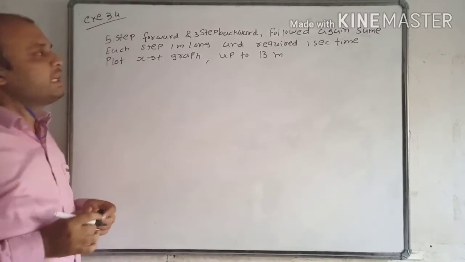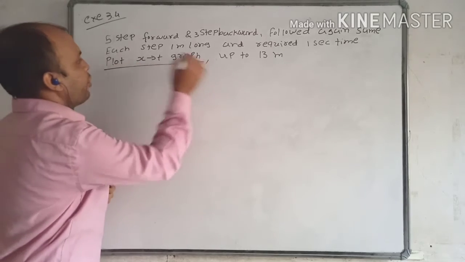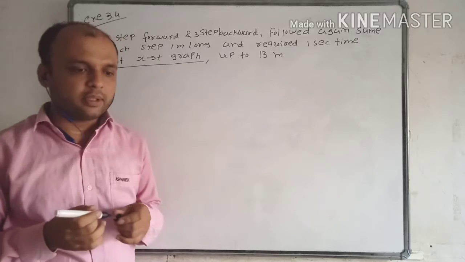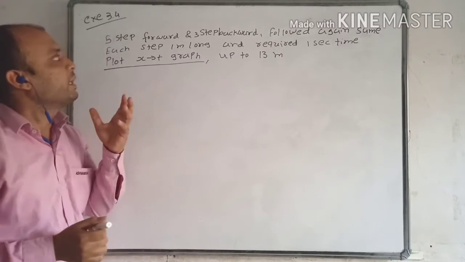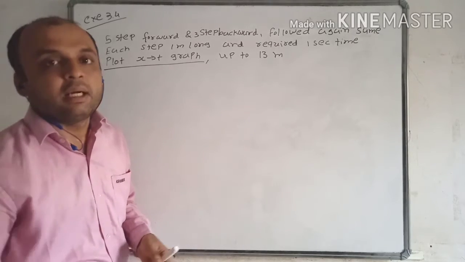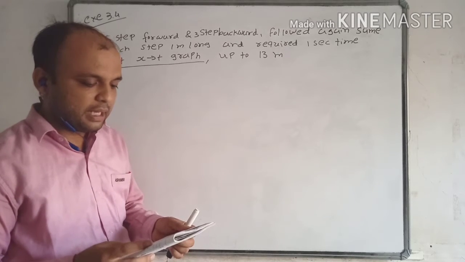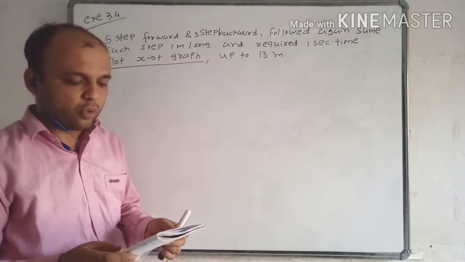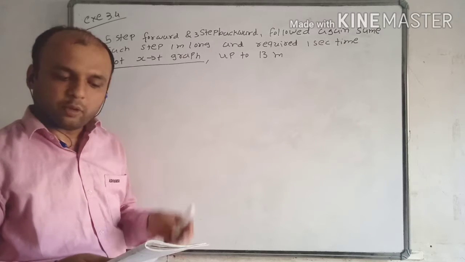In exercise 3.4, they ask us to draw an x against t graph here also, but the condition is very confusing. Reading the condition: a drunk walking in a narrow lane takes 5 steps forward and 3 steps backward, followed again by 5 steps forward and 3 steps backward, and so on.